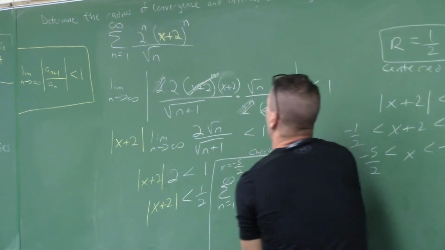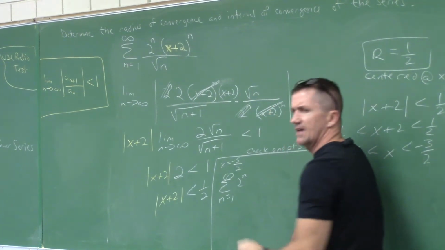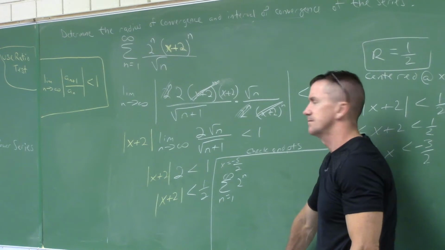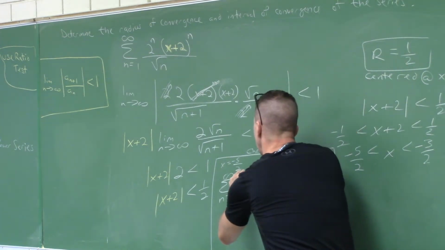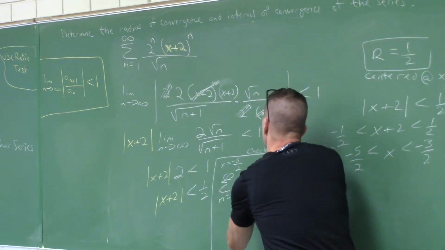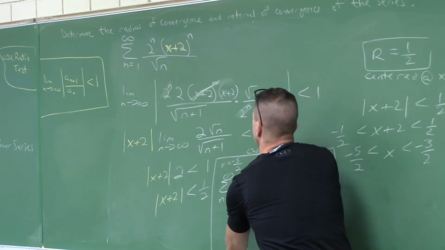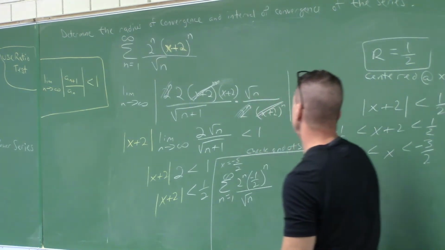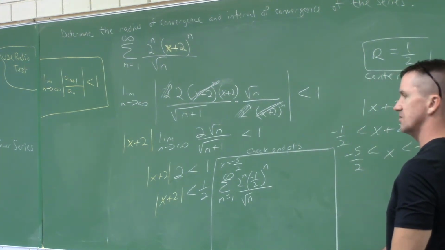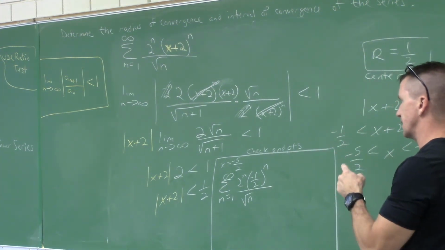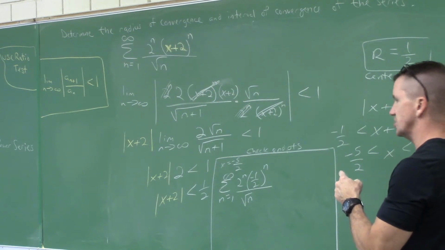-1 to the nth times, what's -5/2 plus 2? -1/2. So -1/2 to the nth, over the square root of n. Yep. Well, that looks confusing to me, so I'm going to rewrite that. I'm checking my endpoint here.